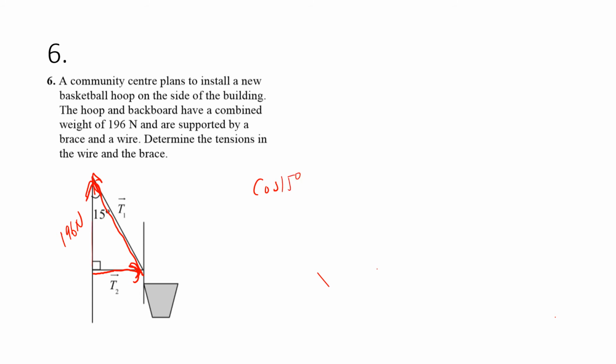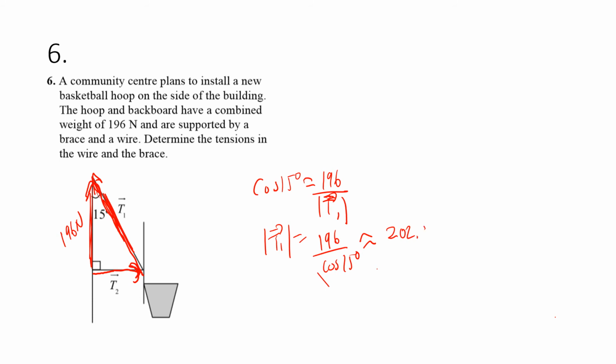Here's the adjacent side, and right here would be the hypotenuse. So cosine 15 is equal to adjacent over hypotenuse, which is 196 over the magnitude of T1. So T1 is 196 over cosine 15 degrees, which gives me approximately 202.91 newtons.